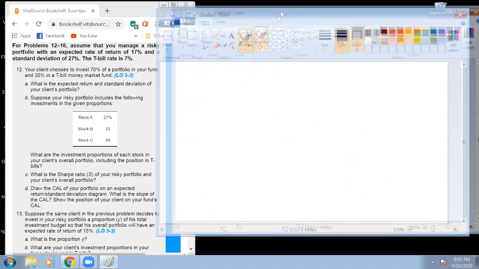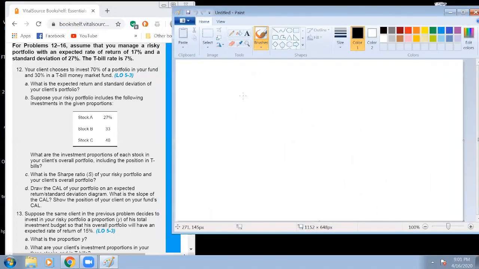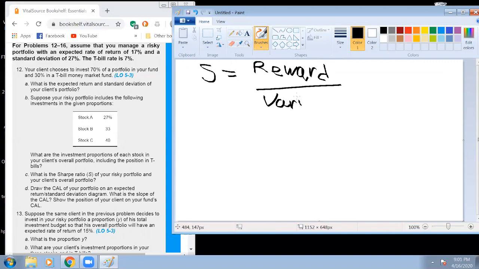So the next part is we're going to be figuring out the Sharpe ratio of the risky portfolio and of the client's portfolio. The Sharpe ratio, if you don't know, is commonly known as the ratio of the amount of reward per unit of risk, per unit of variability, volatility.